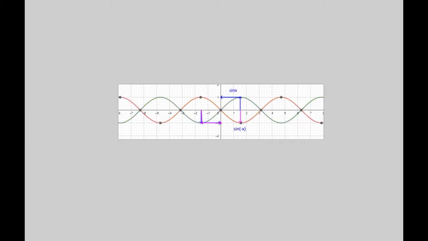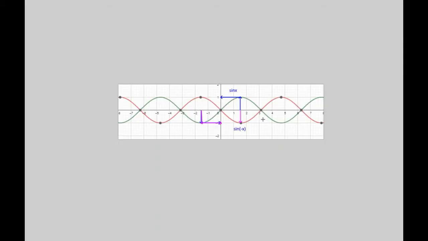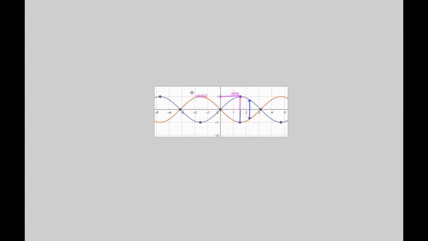So how can we put all of this into some sort of applied situation? This I sine minus 15 theta is the same as sine 15 theta, but with a minus sign in front of it. Why? Let's just make sure that is the case. Sine minus x is exactly the same graph as minus sine x.